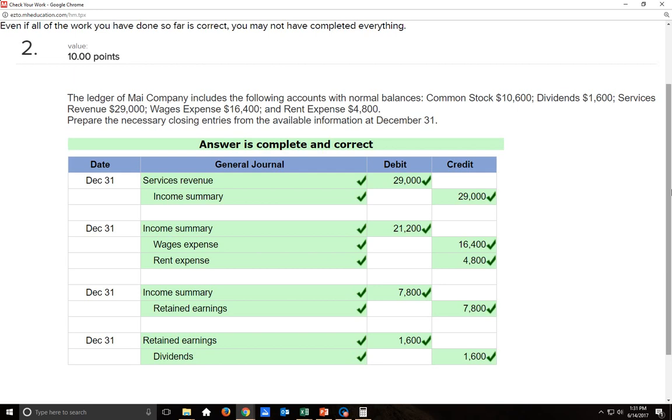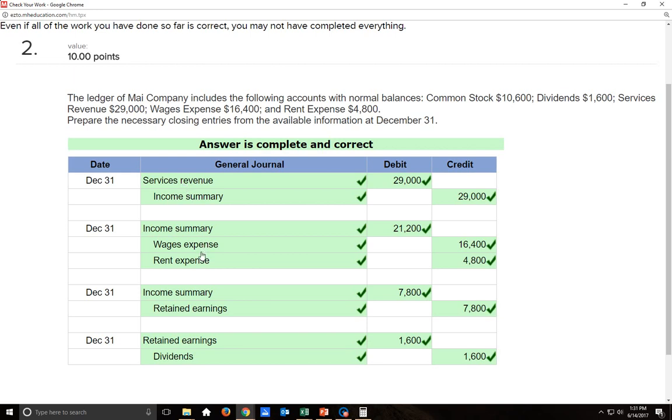So we're closing out, and there are 4 steps in doing closing entries. The first is we're going to close all revenues to income summary. We're going to close all expenses to income summary. Step 3, we'll close income summary directly into retained earnings. And the last is close out the dividends account into retained earnings. Recall why we're doing these closing entries.